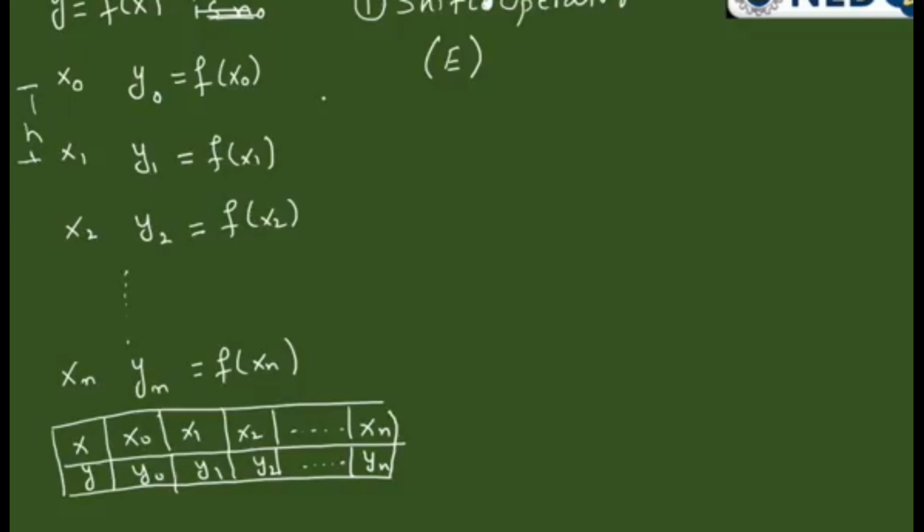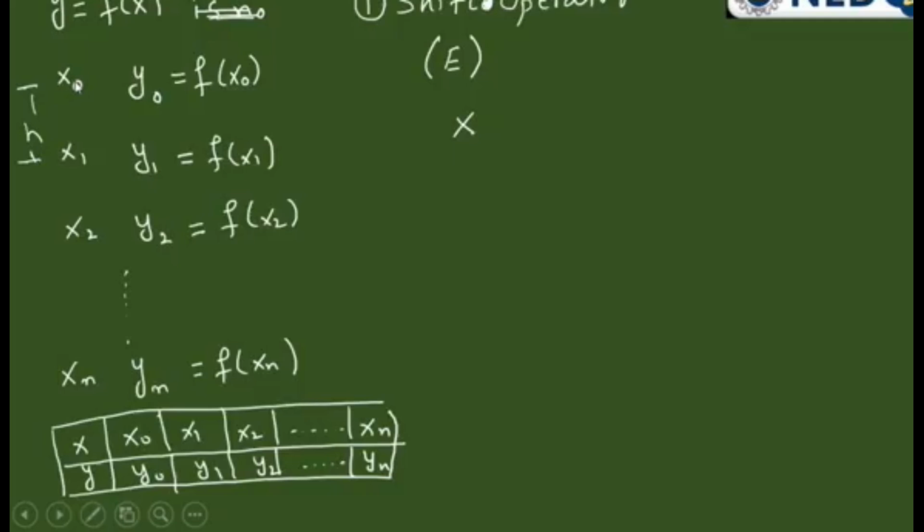So student, for example, if I select any point from these points, for example x0, so I can say x0, x1, x2. Let's say I select any point x, so this point could be any of these points. Then is it true that if I select x0, the other point x1 is situated at a distance of h units from x0?